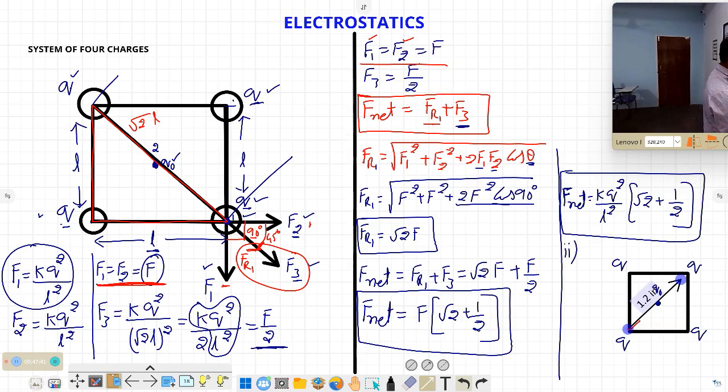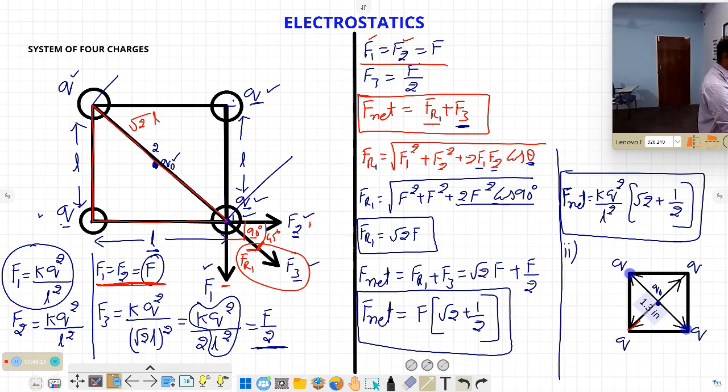At the same time, the opposite Q repels this one in this direction. If you see this, both are equal and opposite, right? Equal force, opposite. What is the net force? When both are equal and opposite, the net will be 0. Similarly, this charge repels this one in this direction. Similarly, this charge repels this one in this direction.